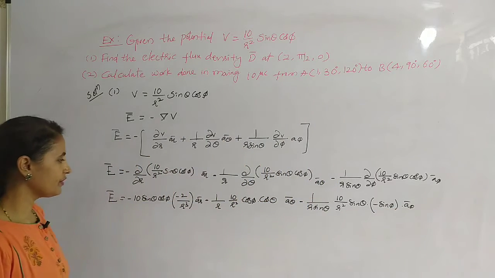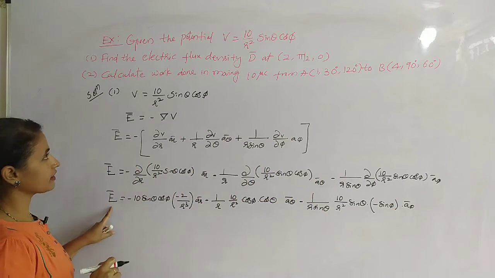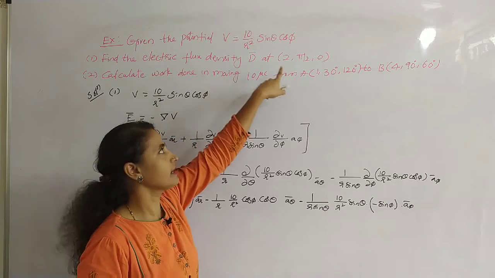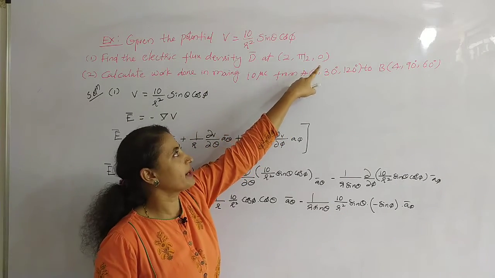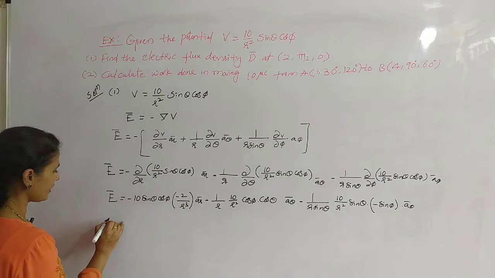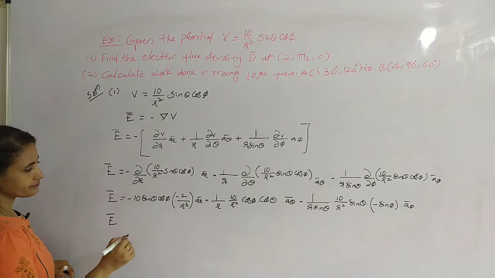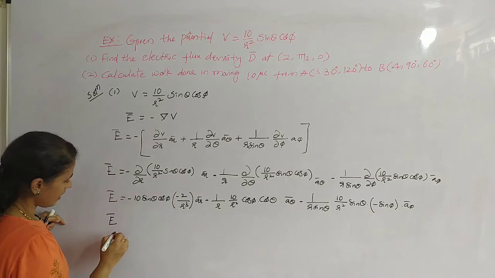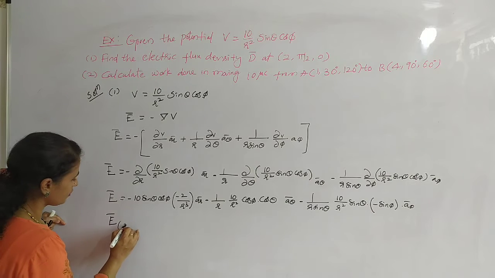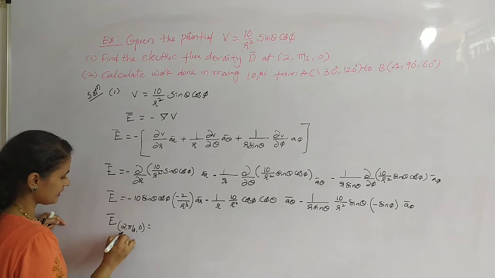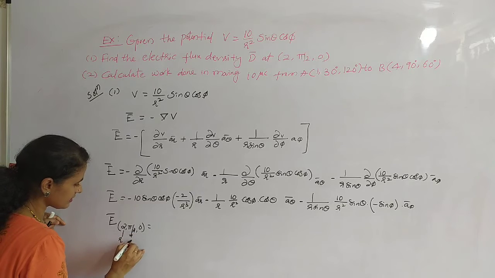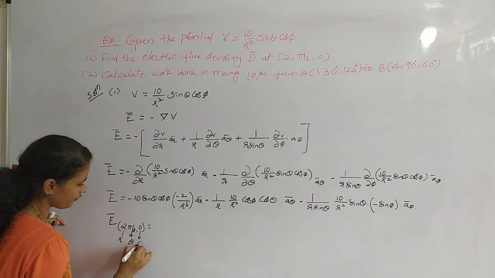We are supposed to find the electric field or flux density at the given coordinates. What are the given coordinates? 2, pi by 2 and 0. So E bar at 2, pi by 2 and 0 means this is r, this is theta and this is phi.